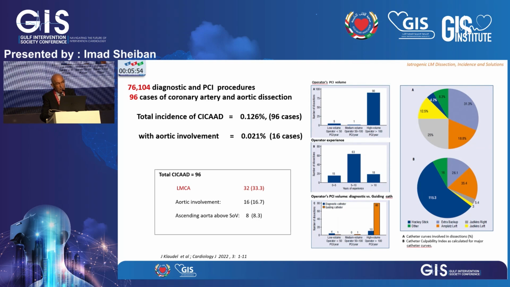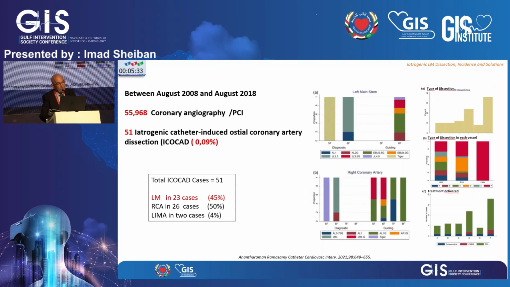This other cohort showing that the aortic involvement is 0.21, and left main involvement in this cohort is 33% of the iatrogenic dissection of left main.